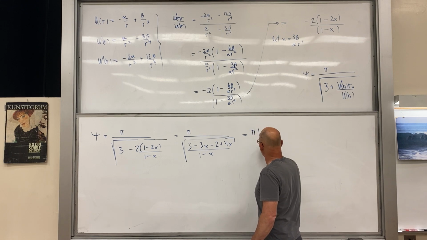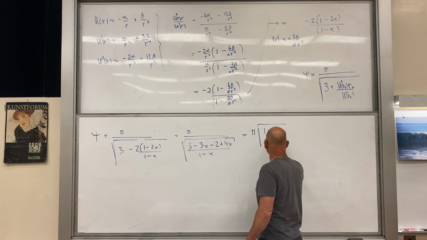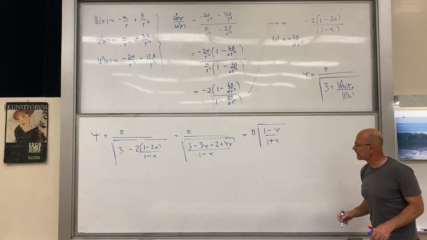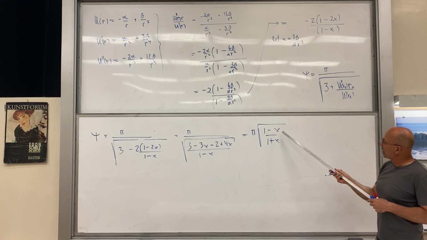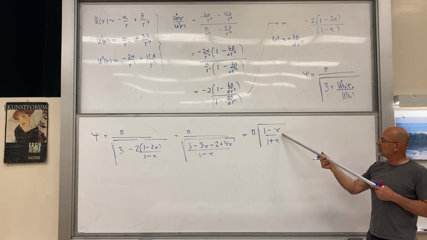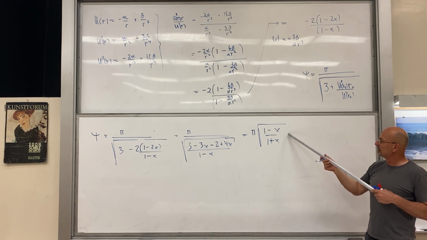So that's pi times the square root of 1 minus x over 1 plus x. And that x was given right there in that small quantity. Now, the last thing we have to do is expand this in a Taylor expansion for small x.